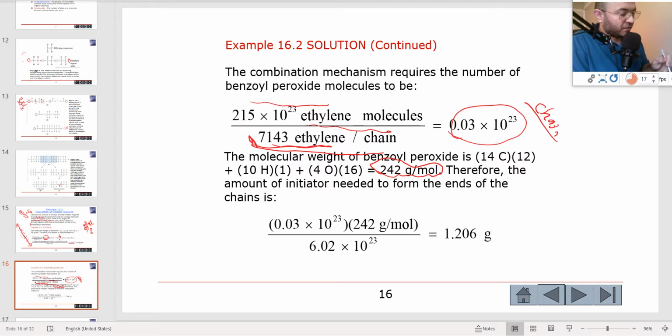And for that calculation, we divide that by the number of atoms. We already know this is Avogadro's number, the number of atoms or molecules per mole. So the unit for this is molecules per mole. This is the number of chains in 1 mole.